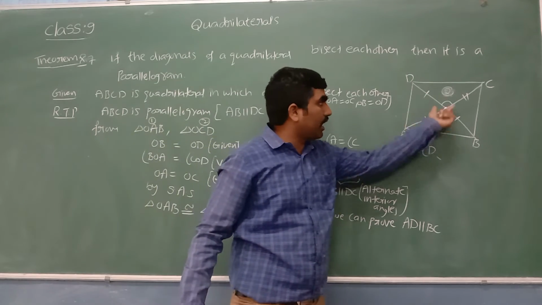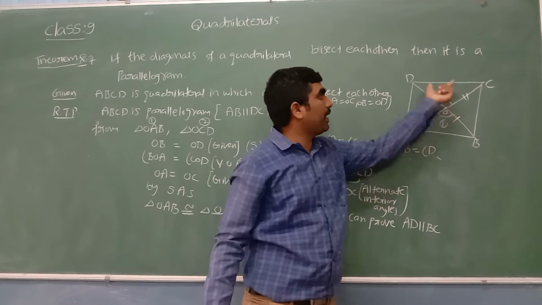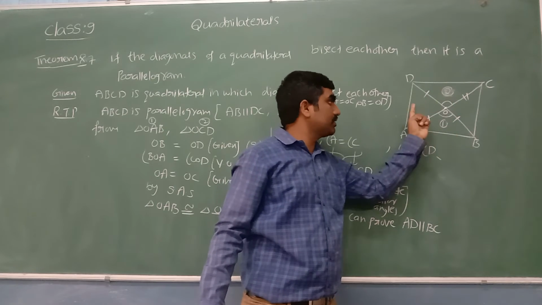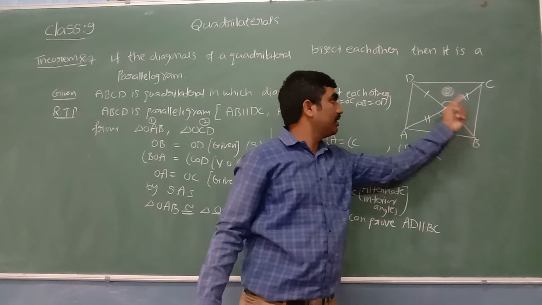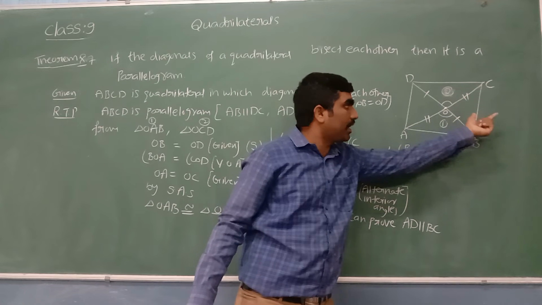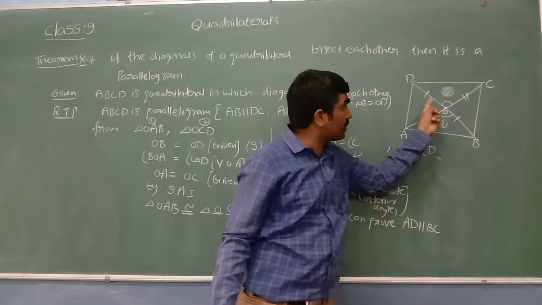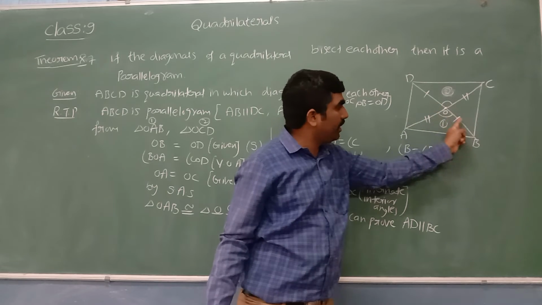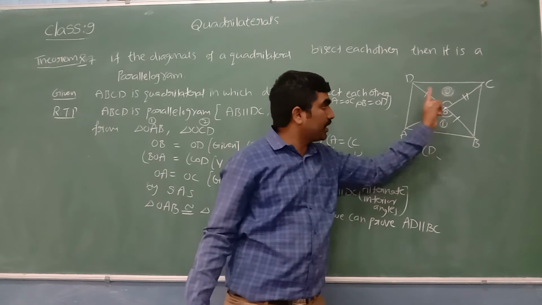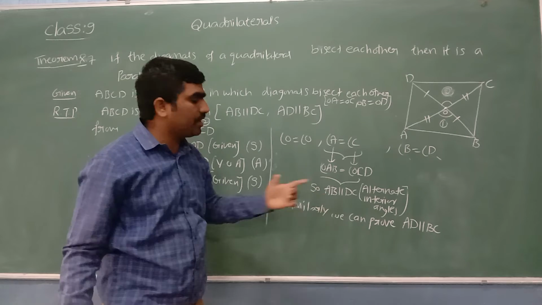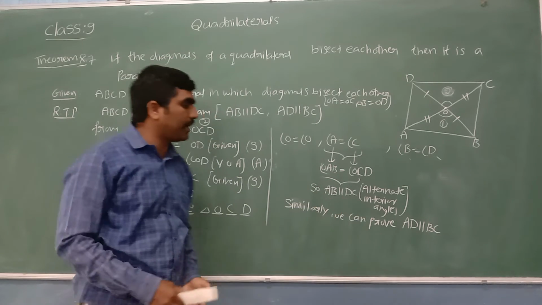Sir, by taking these two triangles, we proved AB parallel to DC. If you take the third and fourth triangles, then there is a chance to say that AD is parallel to BC. Take these two triangles and prove they are congruent by SAS only. Take symbolic form, everything is the same. From there we can say that AD is parallel to BC.